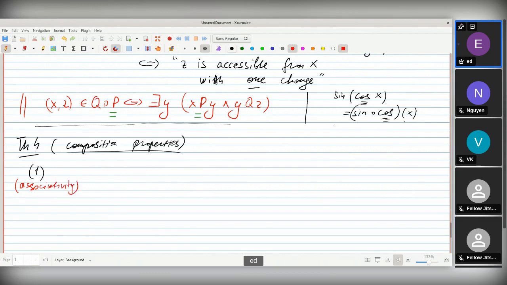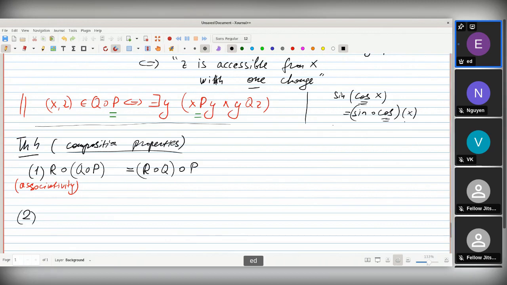Composition is always associative. That is, if I take a composition of P and Q and then compose that with R, the result will be the same as if I take the composition of Q and R and compose P with it.